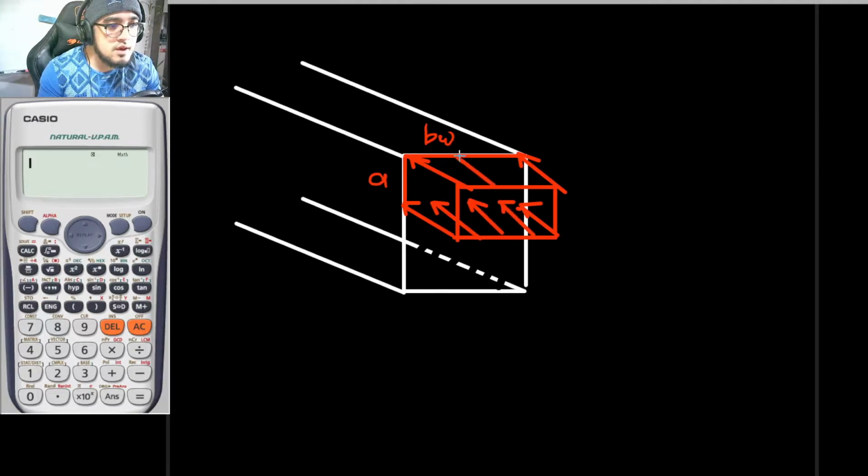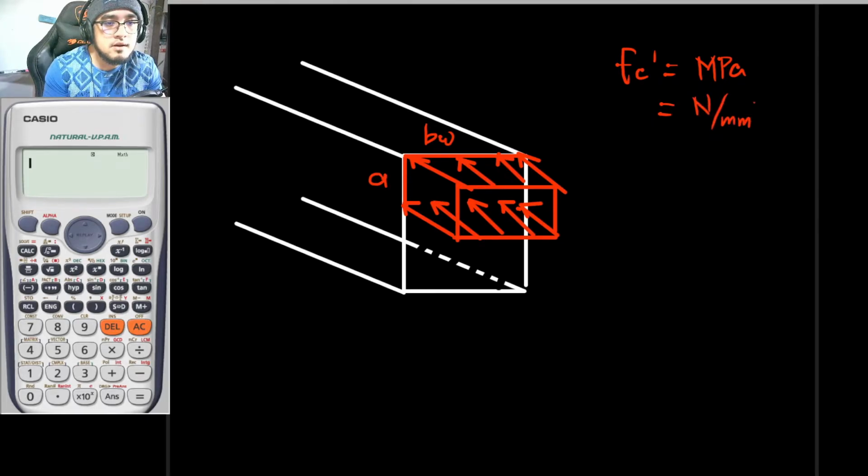If you can remember, the strength of your concrete, which is Fc prime, is in terms of megapascal. And megapascal can be rewritten as newtons per millimeter squared.